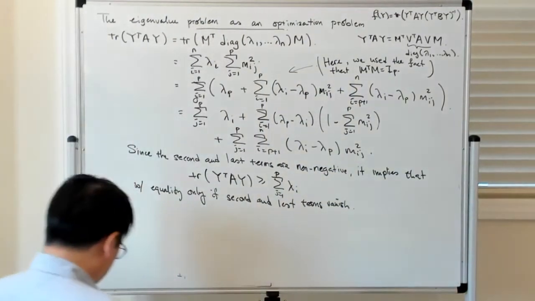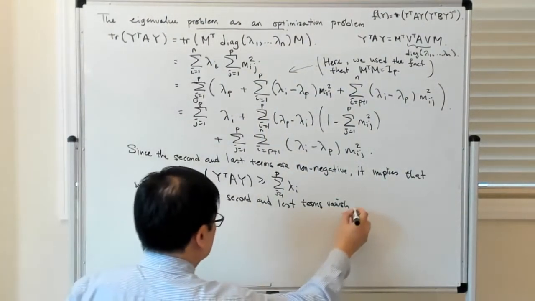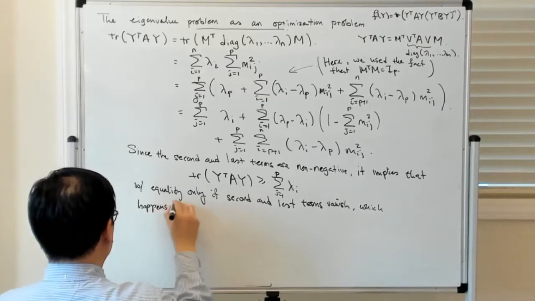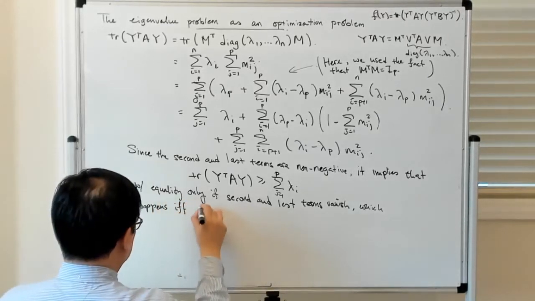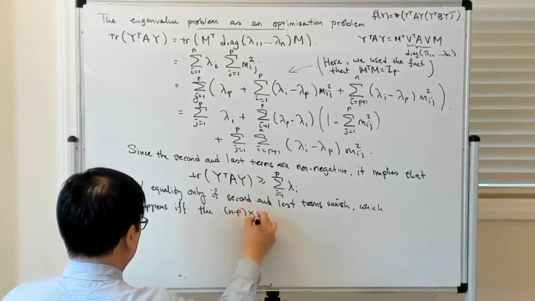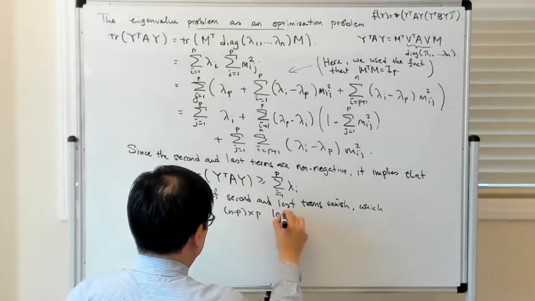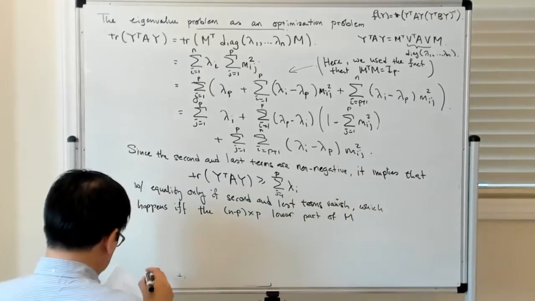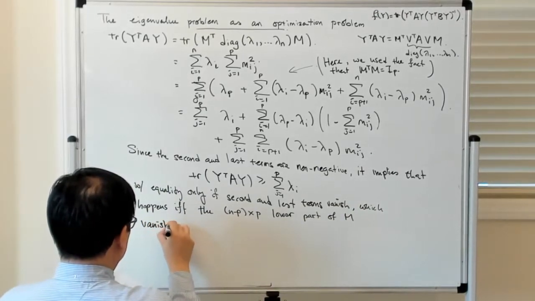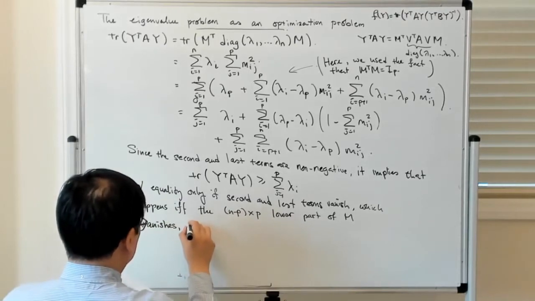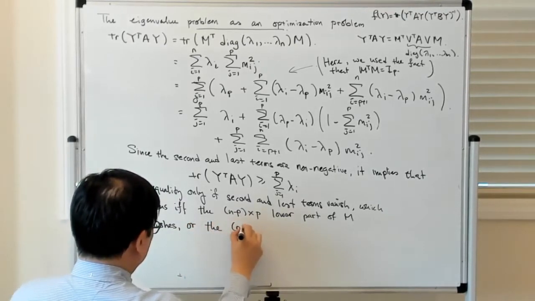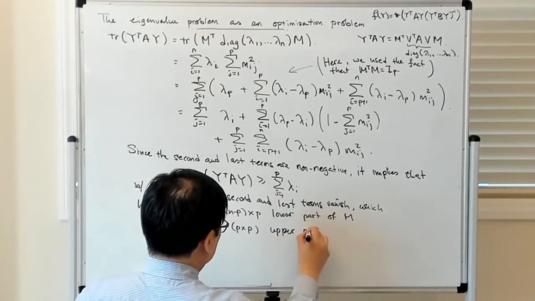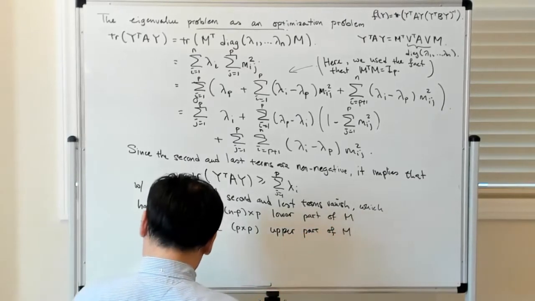And in particular, this only happens if and only if the n minus p by p lower part of M vanishes, which basically means that the p by p upper part of M is orthogonal.